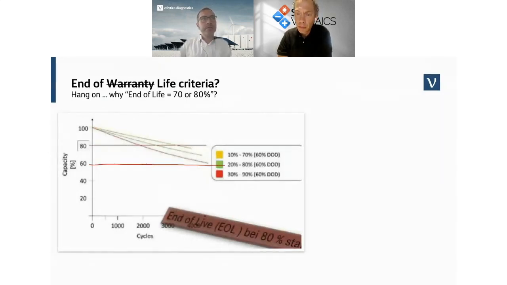Sometimes it is also lower, but the point I wanted to make is that batteries will live longer than that, even at 70 or 60%. The reason batteries die or break down, and I'll come to that, I'm speeding up a bit, is not directly related to the capacity fade, but to different mechanisms.